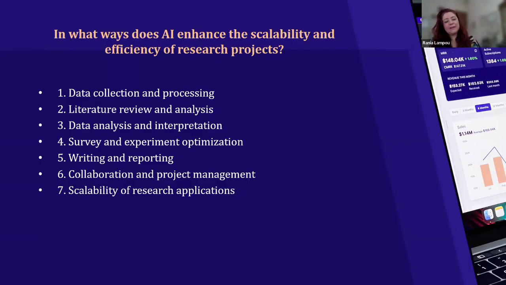And scalability of research applications, because it's about reproducibility. AI pipelines ensure consistent application of methods, making large-scale application feasible, and big data handling, because AI effortlessly scales across vast data sets that would overwhelm manual analysis.